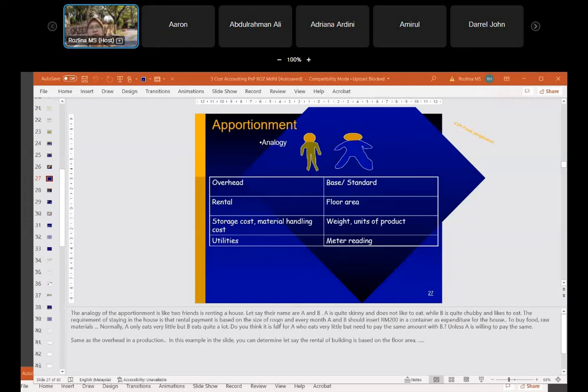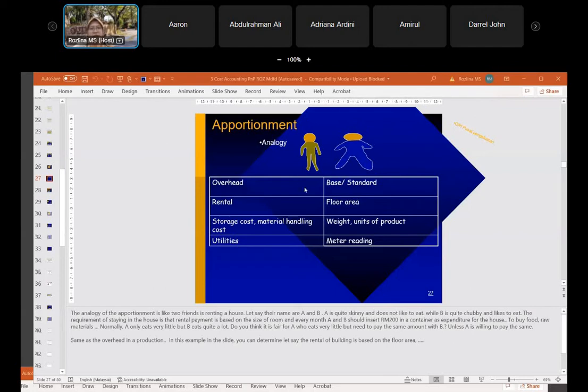We still share the hall, the toilet, the kitchen, all the same. The only difference is the size of the room. So they agree that the portion is 4 and 6.